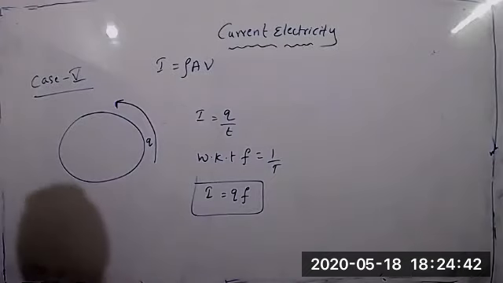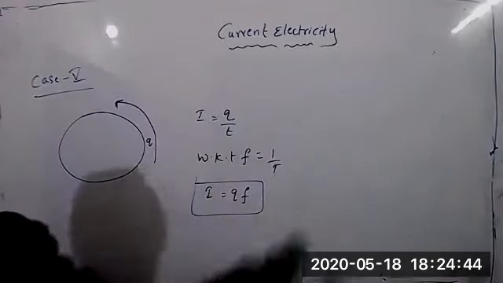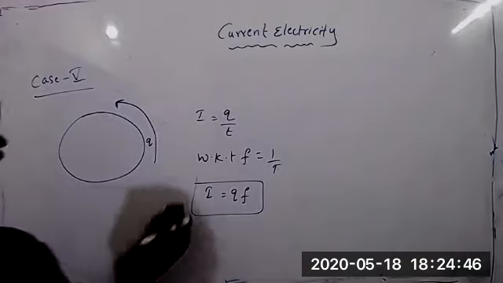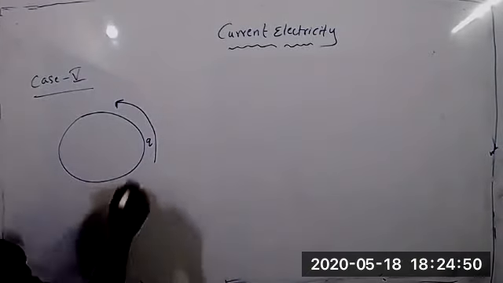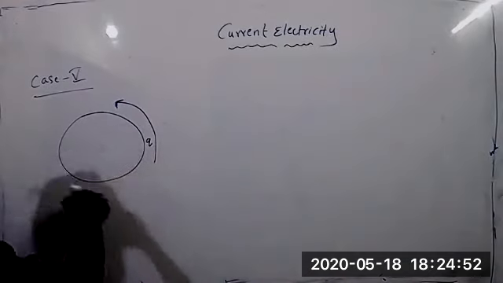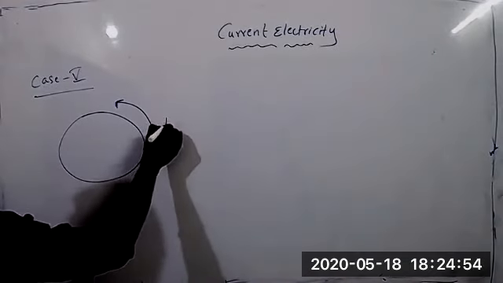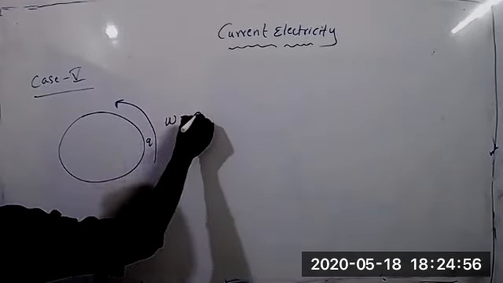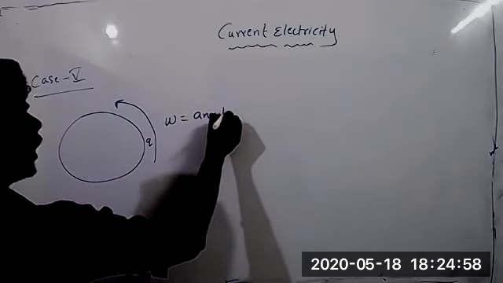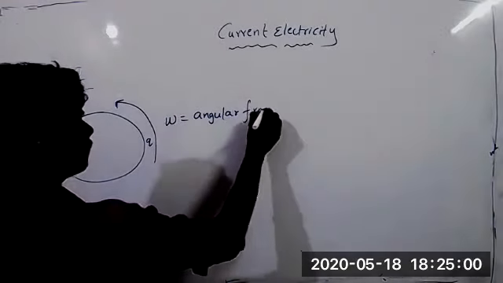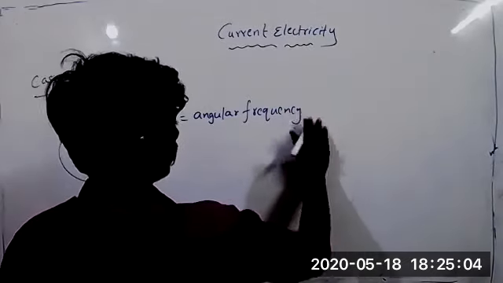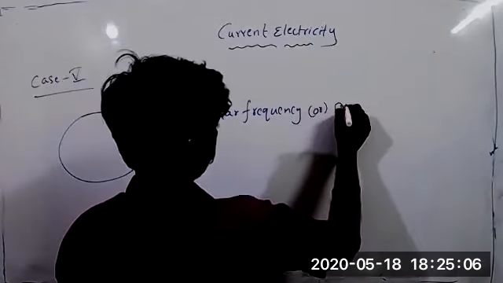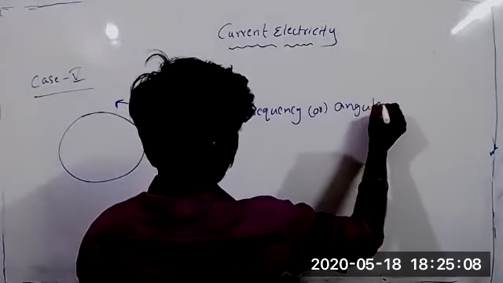Now they didn't give frequency. They have given the charge. It is moving with omega, which means angular frequency or angular velocity.